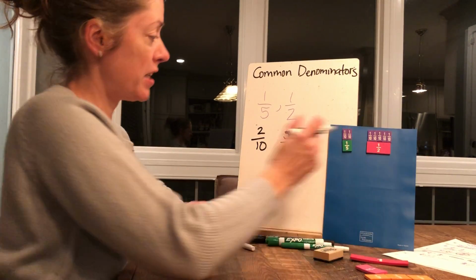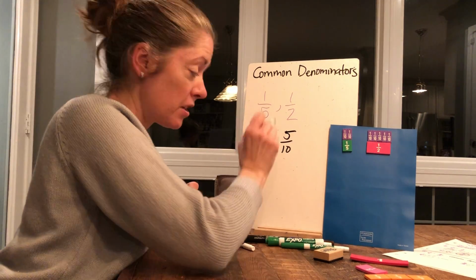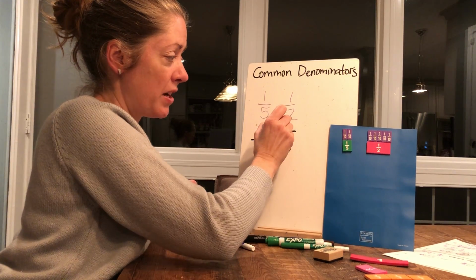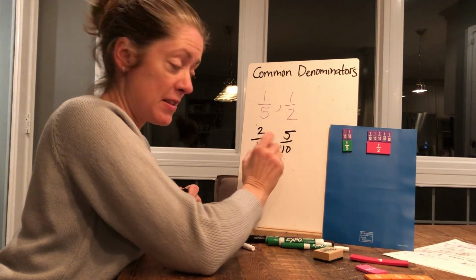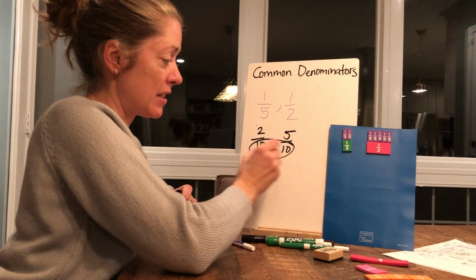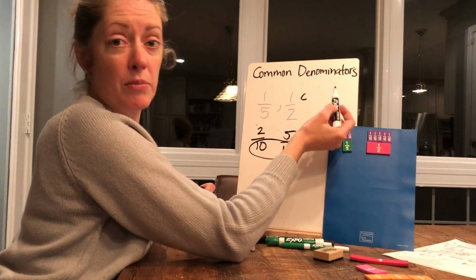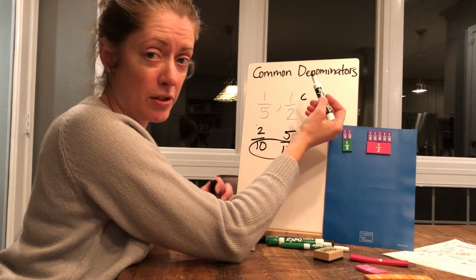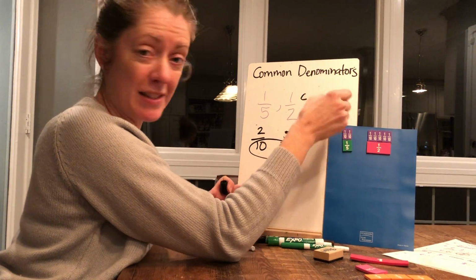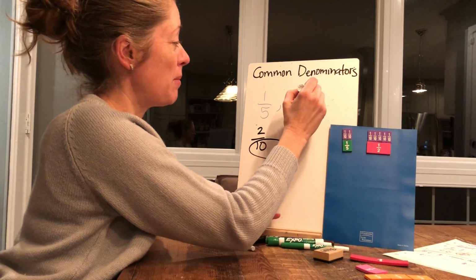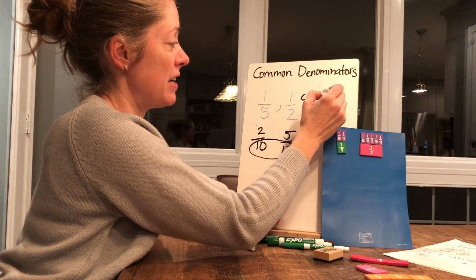So now we have changed 1/5 to 2/10 and 1/2 to 5/10. And here is the common denominator. I'm just going to call it CD to make this easy to write. Common denominator is 10.